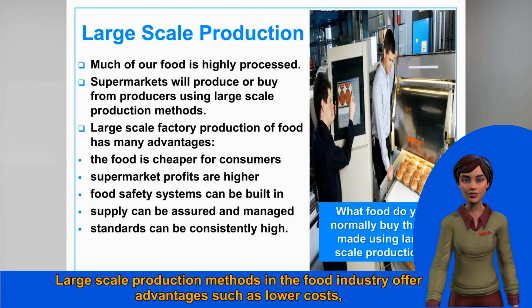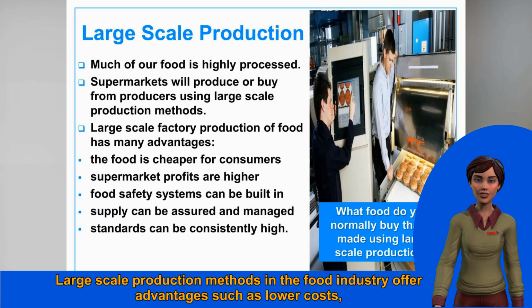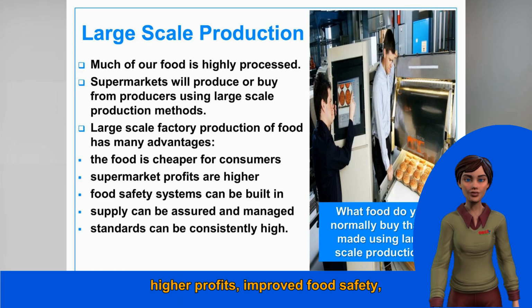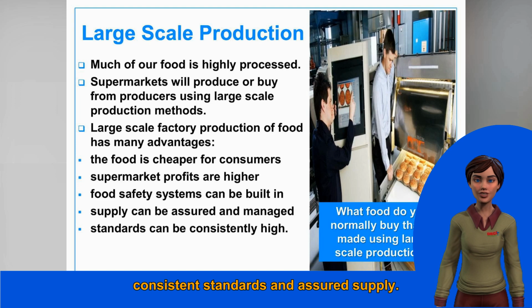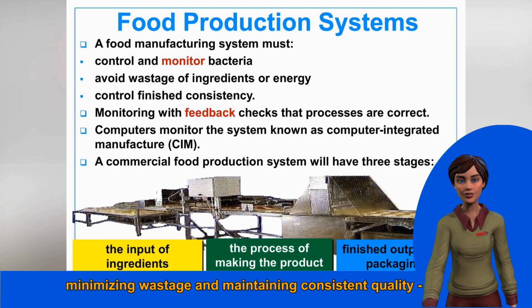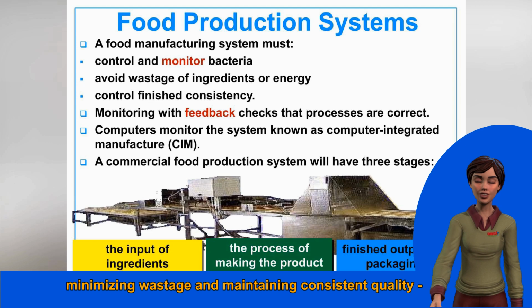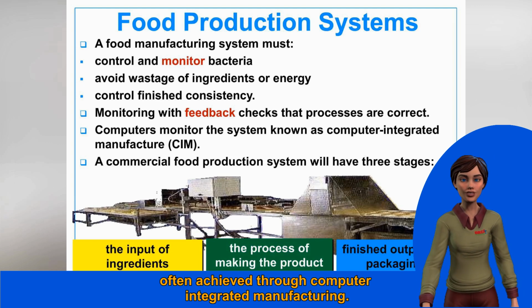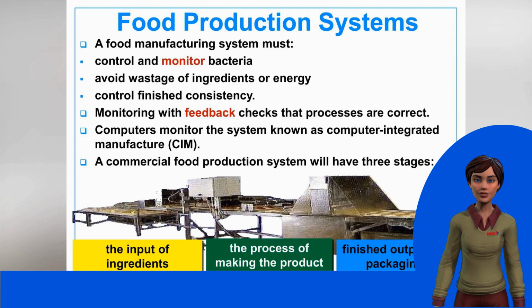Large-scale production methods in the food industry offer advantages such as lower costs, higher profits, improved food safety, consistent standards, and assured supply. An efficient food production system requires proper control of bacteria, minimizing wastage, and maintaining consistent quality, often achieved through computer-integrated manufacturing.